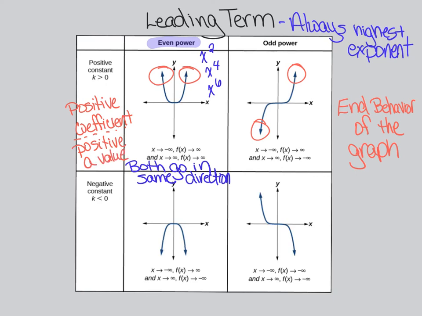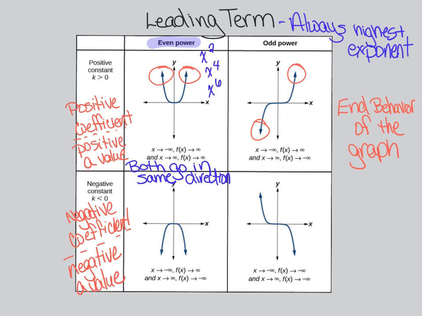Then I go up. Now think about a quadratic. If I've got a negative coefficient, where does it go? Down. And they both go down. Negative coefficient, they both go down.